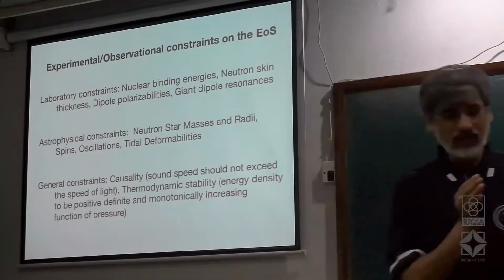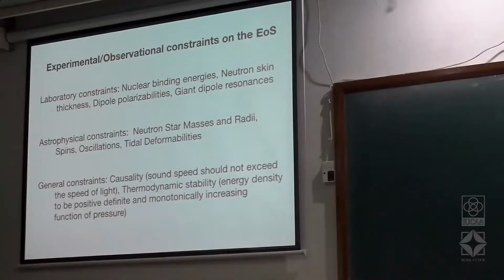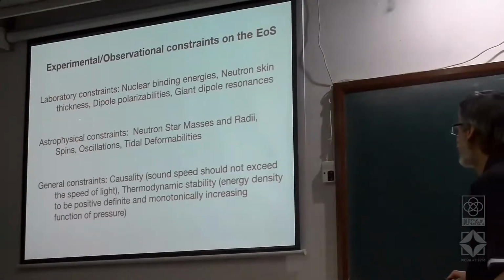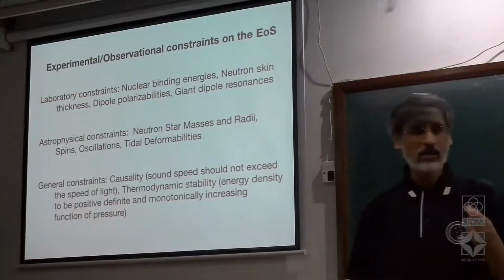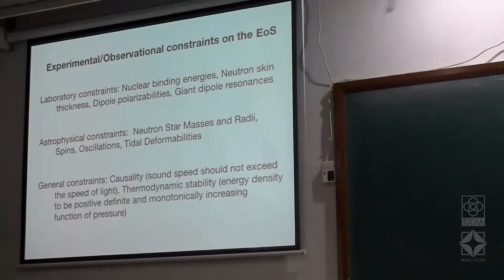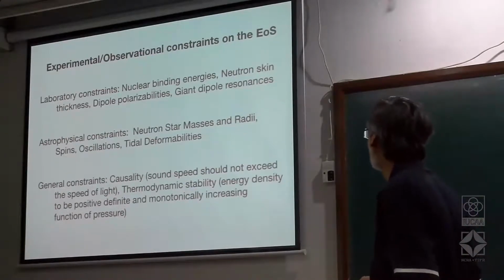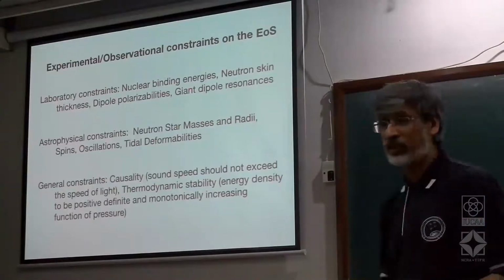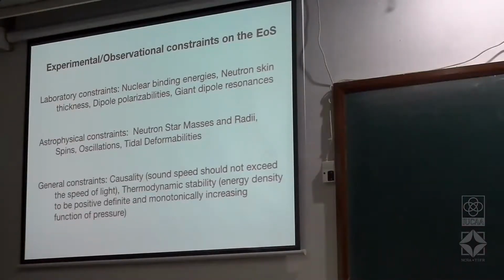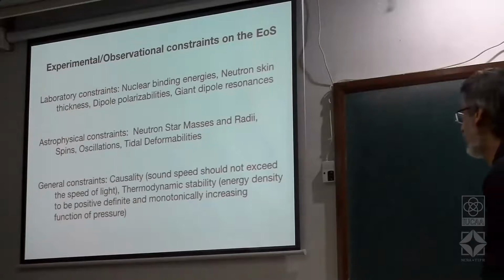Then you find that the neutron matter wave function is slightly more extended than the proton matter wave function, and that's called the neutron skin thickness. This is a critical component in determining the nucleon-nucleon interaction. Polarizabilities of these nuclei and giant dipole resonances are also measured. These can all be measured in laboratory experiments, and all of these go into making the model of nuclear interactions.